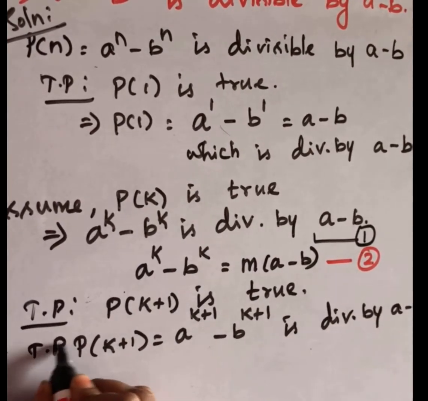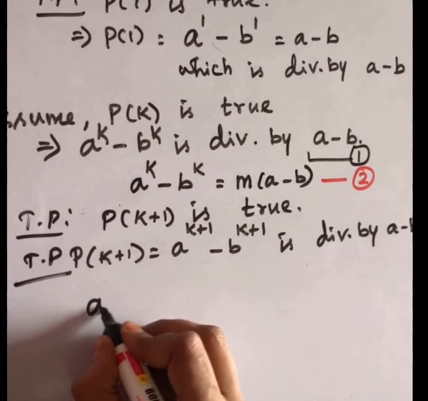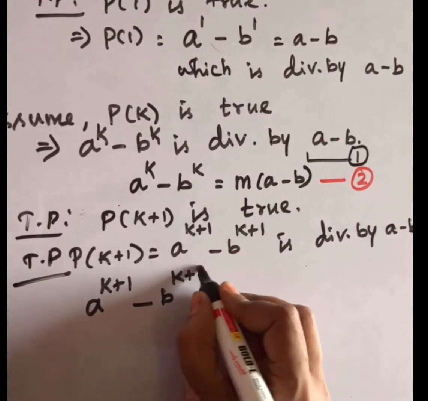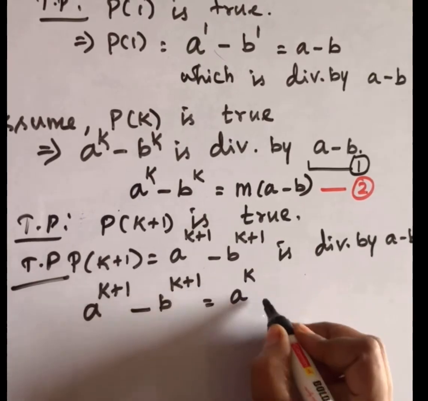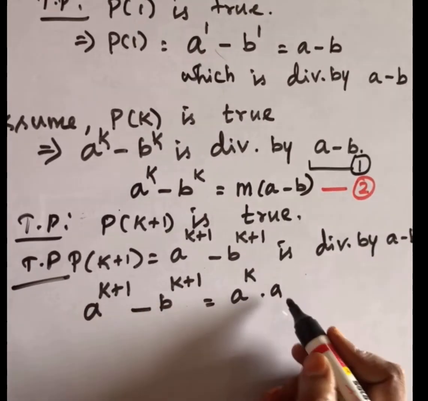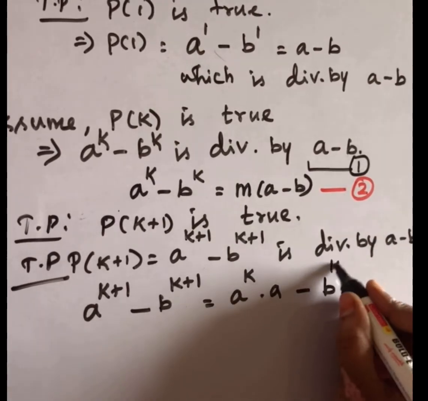That's what we have to prove. Okay, so I take a power k plus 1 minus b power k plus 1. This is equal to a power k into a minus b power k into b.